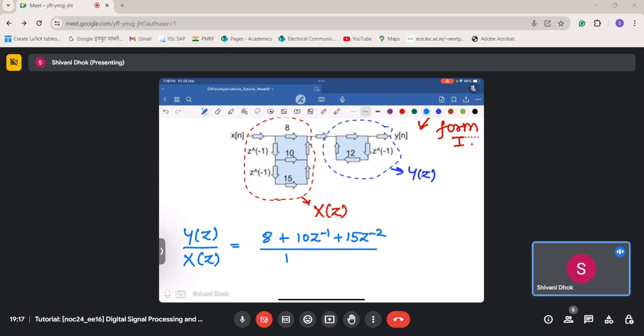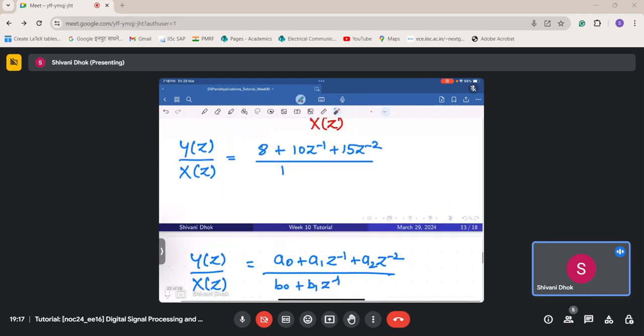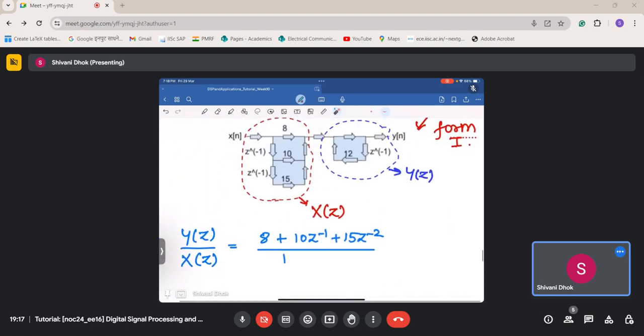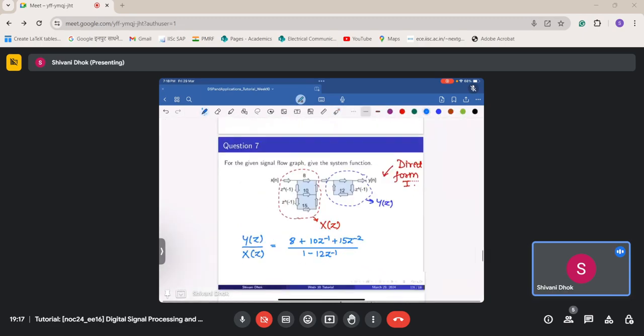So we'll have a 1 here. Then this Y(n) gets multiplied by z inverse and gets multiplied by 12 in the right hand side. So this thing will be my minus b1 here. Therefore, in order to take this 12, I'll make it minus 1, so I'll have minus 12 z inverse.